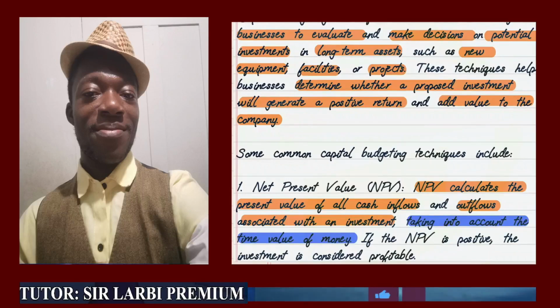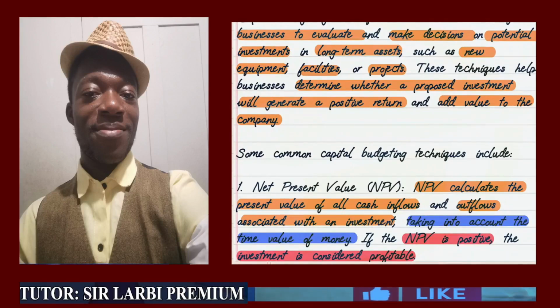So how do we accept an investment if we are using net present value? The base rule here is that the net present value is supposed to be positive. The investment is then considered profitable. So once it is greater than or equal to zero, we accept that particular investment. Let's take note of that.